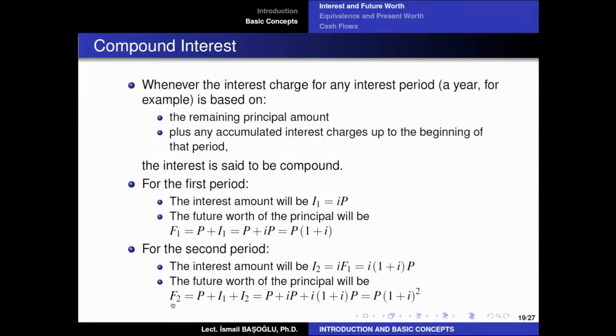So basically, if you want to calculate the future worth of your principal under interest rate I in the end of 2 years, then you need to multiply the principal with (1 + I) to the power 2, where this 2 stands for 2 years.